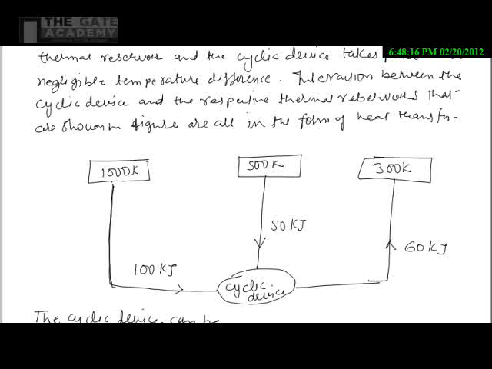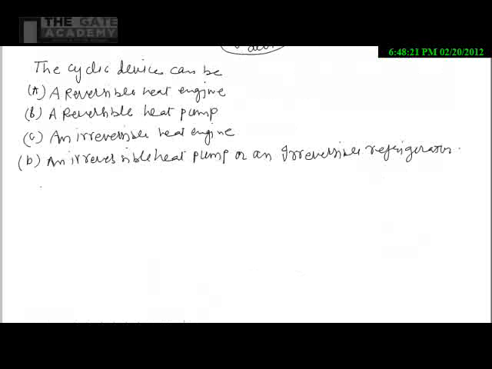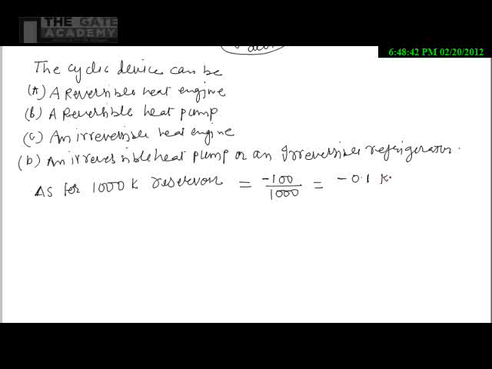So now find the entropy change of the 1000 Kelvin reservoir. So del S for the 1000 Kelvin reservoir. This reservoir is losing heat, so it is coming negative, divided by temperature, that is 1000, so it will come minus 0.1 kilojoule per Kelvin.